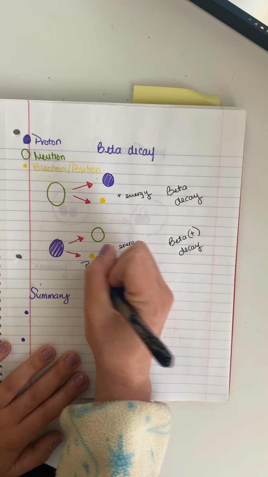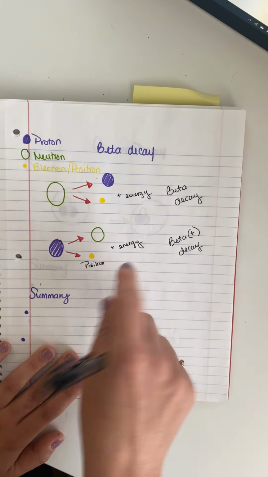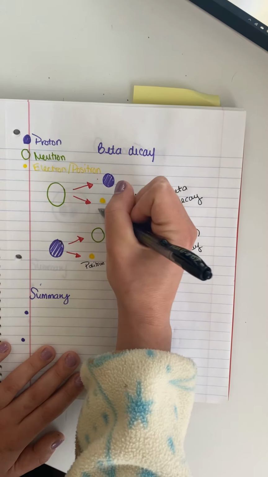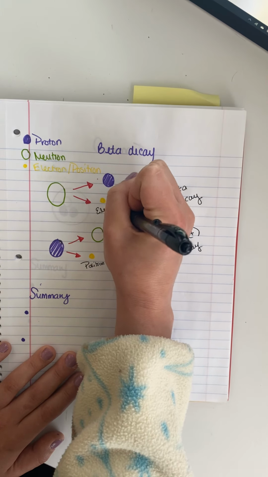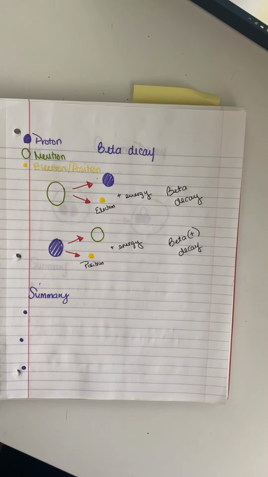Let me write that here. So this one's going to signify a positron, and in normal beta decay, we're going to have an electron. Both cases, I either become a proton or I lose a proton. So I do change into a new element.